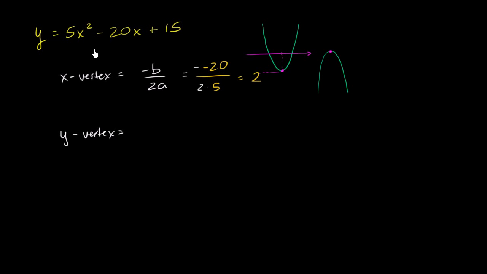The y value is going to be 5 times 2 squared minus 20 times 2 plus 15, which is equal to, let's see, 5 times 4, which is 20, minus 40, which is negative 20, plus 15 is negative 5. So just like that, we're able to figure out the coordinate. This coordinate right over here is the point 2, comma, negative 5.